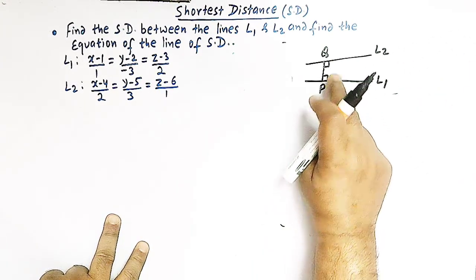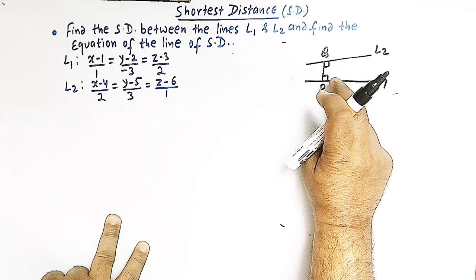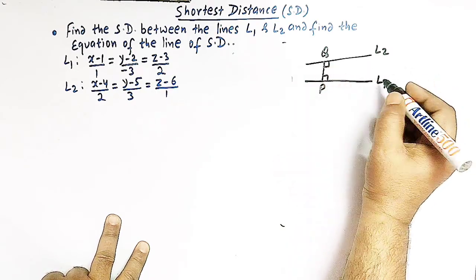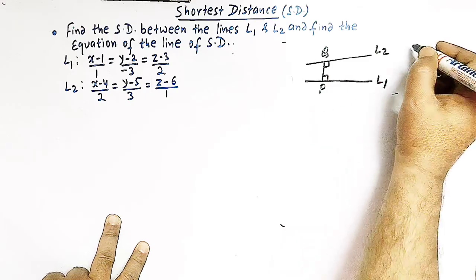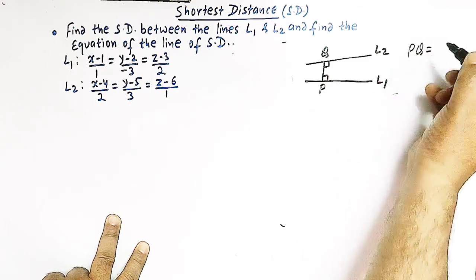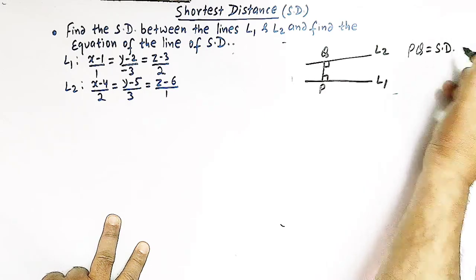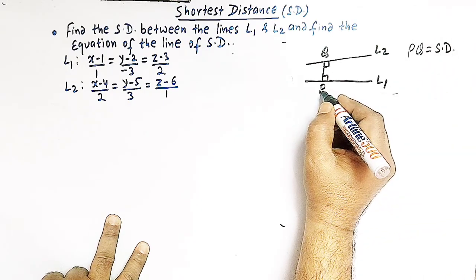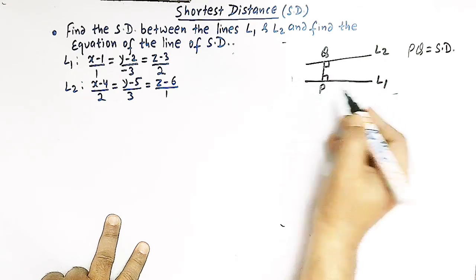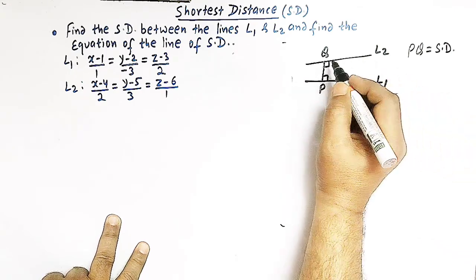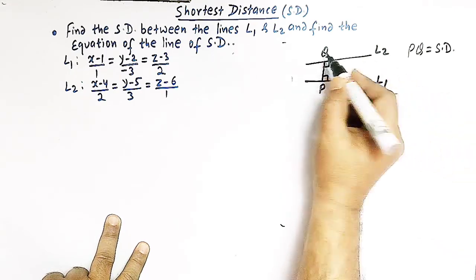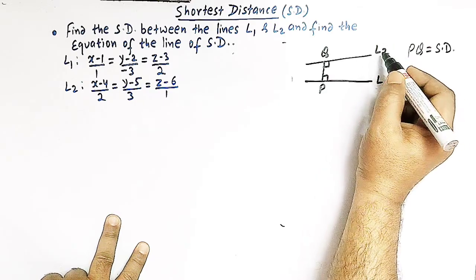So here PQ is the line of shortest distance which is perpendicular to both L1 and L2, and to find the length of PQ, we need to find the coordinates of the point P which lies on line L1, and the coordinates of the point Q which lies on line L2.